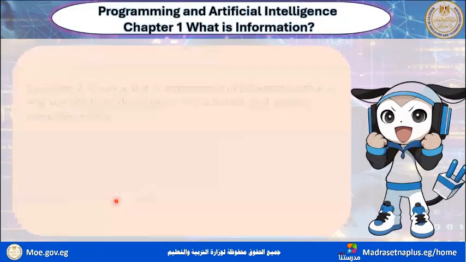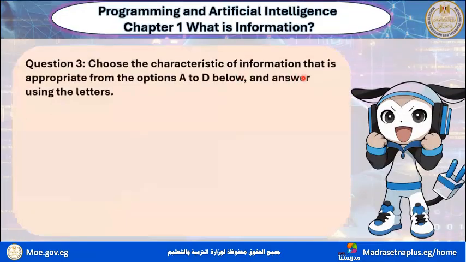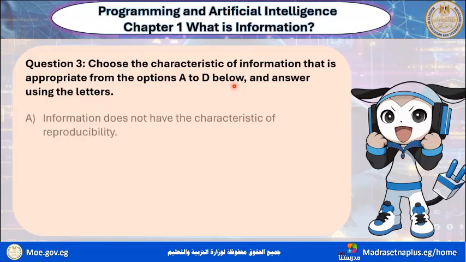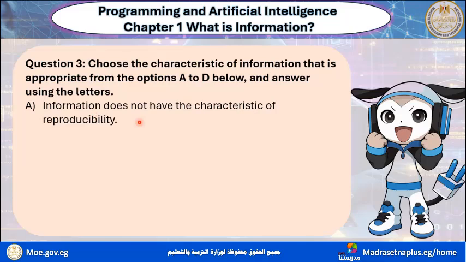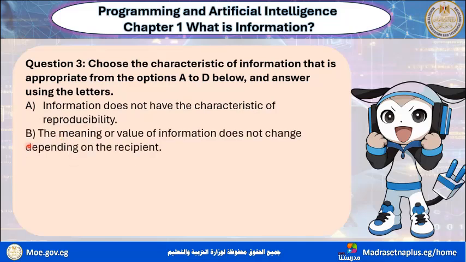Choose the characteristics of information that's appropriate from the options A to D below and answer using the letters. A: Information doesn't have the characteristics of reproducibility. B: The meaning or value of information doesn't change depending on the recipient.